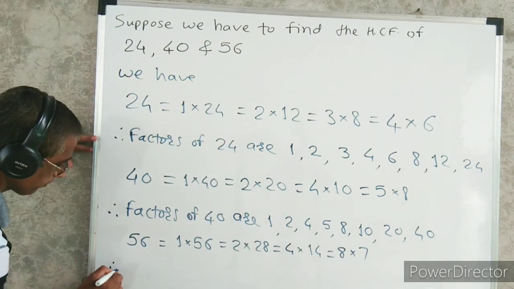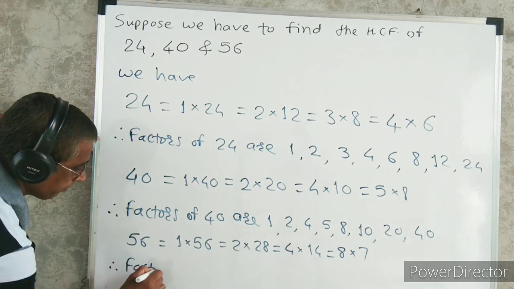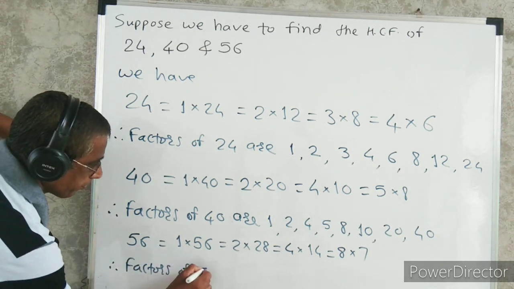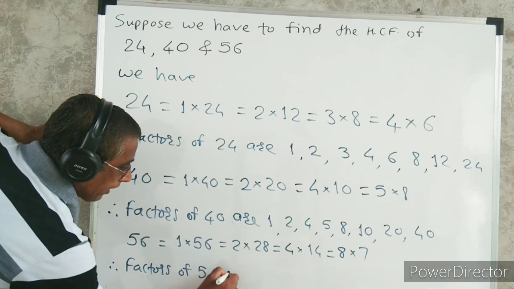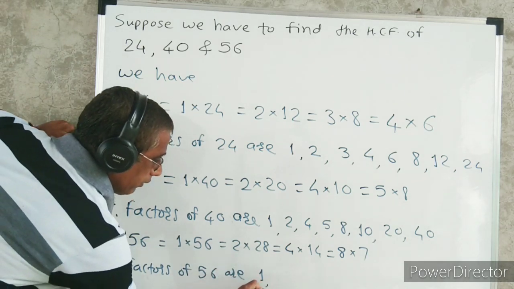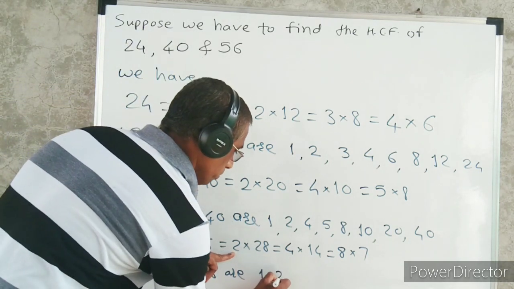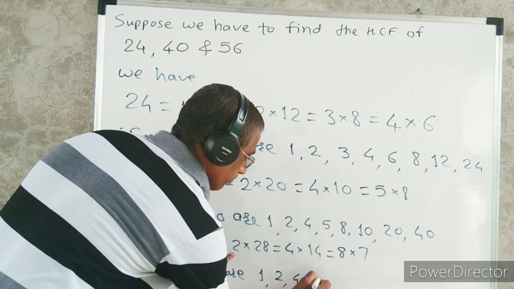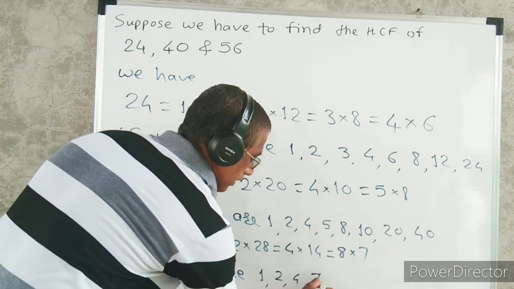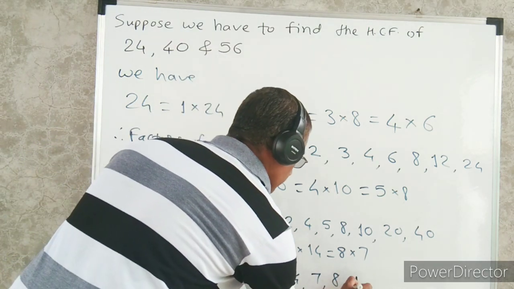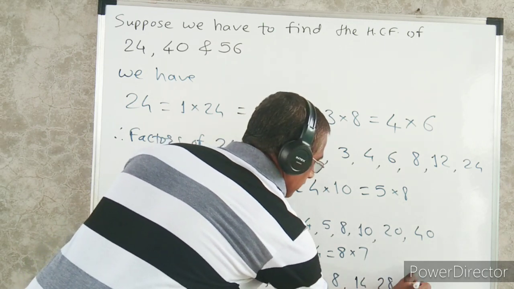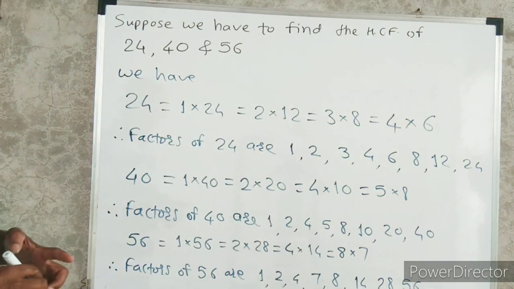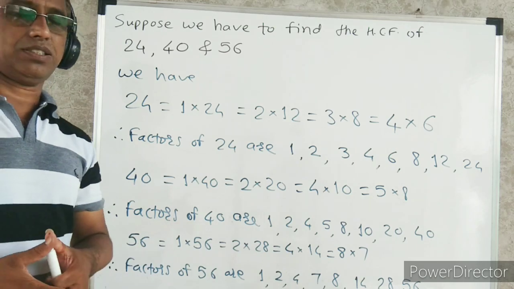Therefore, factors of 56 are 1, 2, 4. These are all factors of 56.